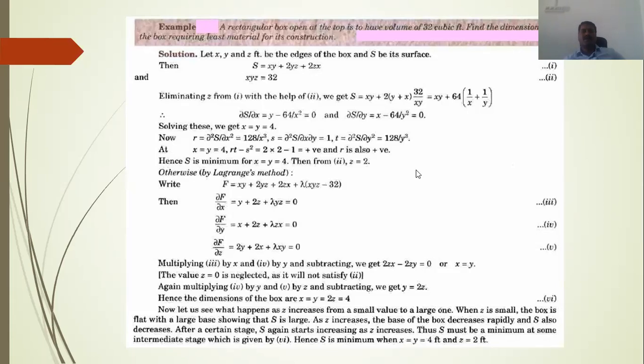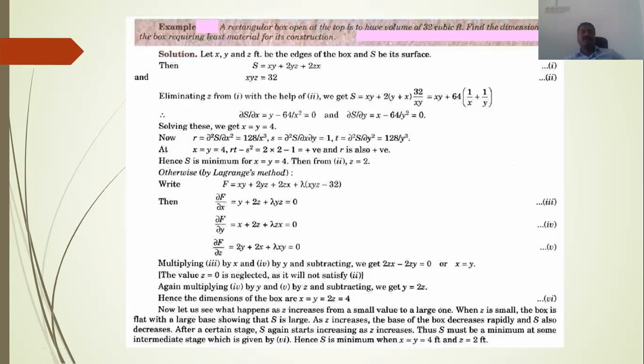What I mean is, in place of z you can plug in 32 by xy, and then it becomes a problem in x and y. Then you can use the old approach here, right? So dou S by dou x equal to what? Dou S by dou y equal to this. Solving these two, you get x equal to y equal to 4. Then get the Hessian, and it's the old approach. Okay, right. Now let's see how to solve with the Lagrange method.